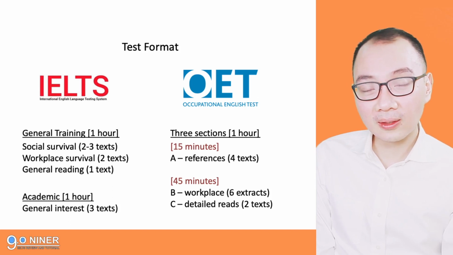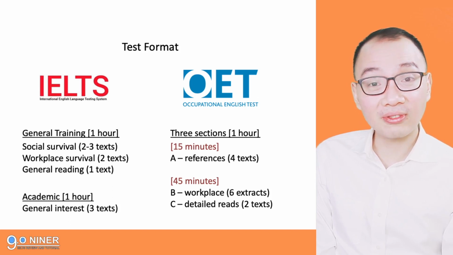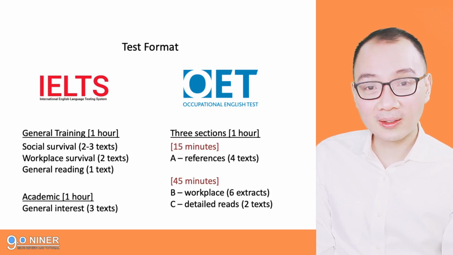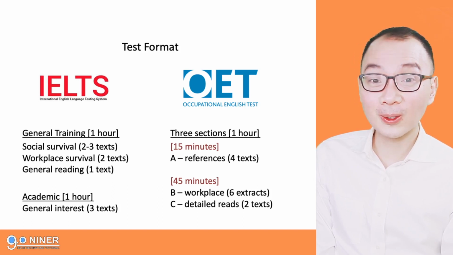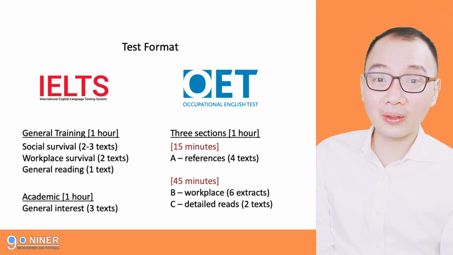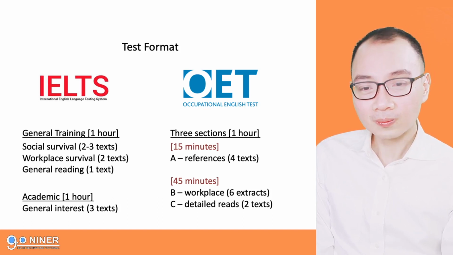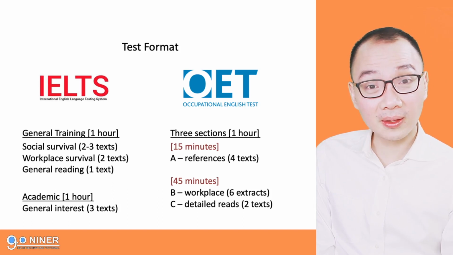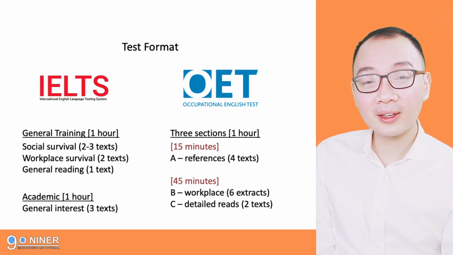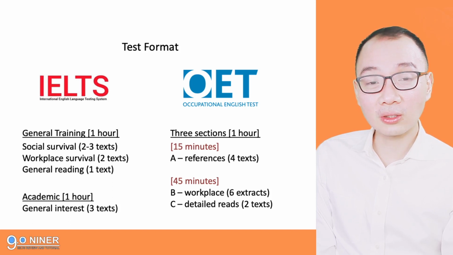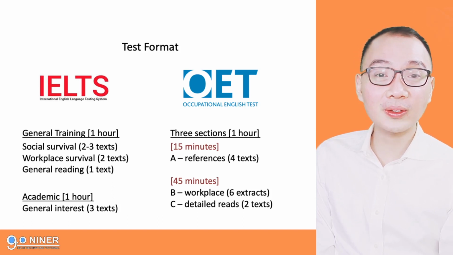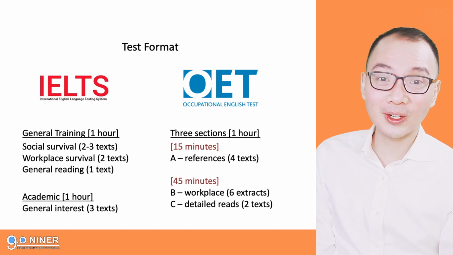So in part A, one is provided references that healthcare professionals, for example, need to consult quickly in the middle of their duties so that they can retrieve information at once, put the reference down, and then go back to work. And there are 4 texts that they would be given regarding one topic that would be of general interest and accessible to all the 12 professionals that the OET is good for.